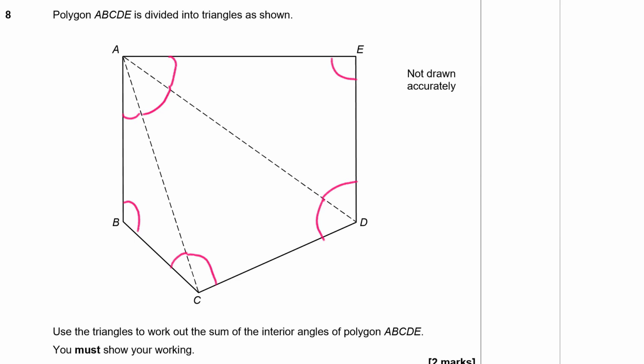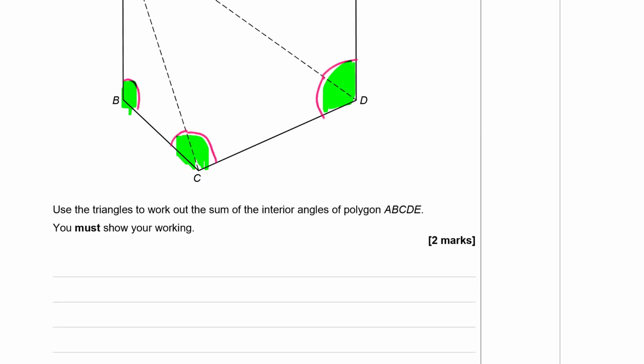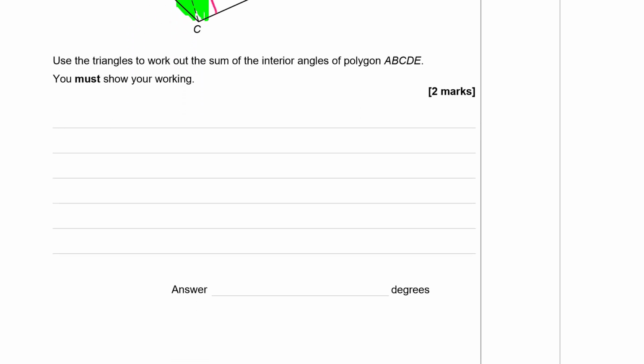So you can see that those 3 angles there form that interior angle of my pentagon. And then I've got another one there, look, and another one there, another one there, and another one there. So the 3 sets of 180 degrees from my triangles add up to the interior angles of my pentagon. So let's write that down below.